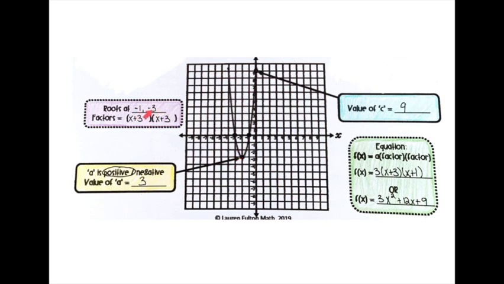Roots. Remember, roots are also another way to say x-intercept. Well, if I look here, I have an x-intercept at -3 and -1. That's how I know those are my roots, because those are also x-intercepts. That's another way to say x-intercept. And we're going to talk about factors in a little bit. My y-intercept, well, if I look here, my y-intercept is 9, so I can assume that the value of C is 9.